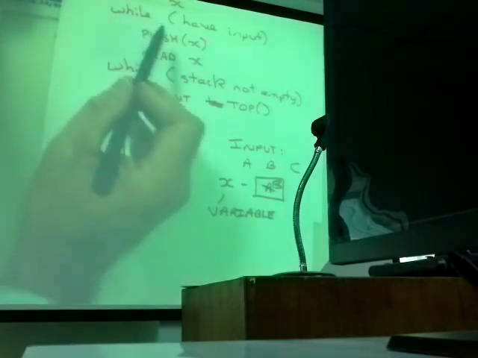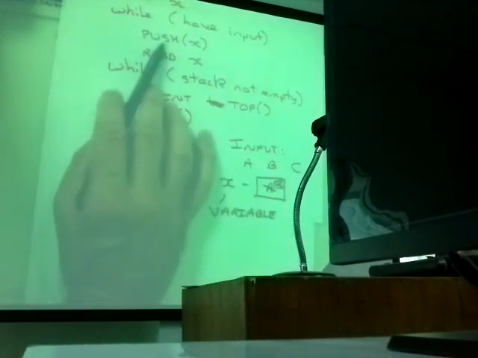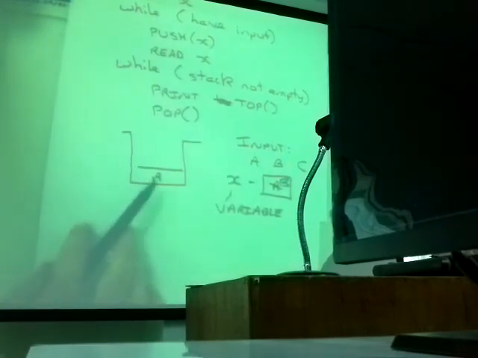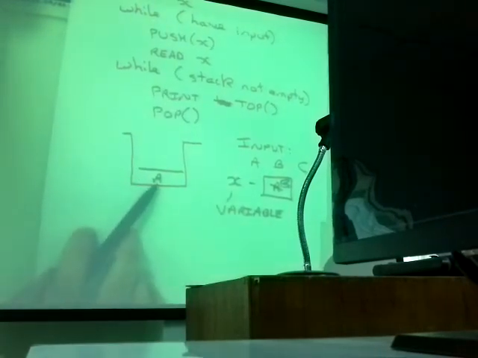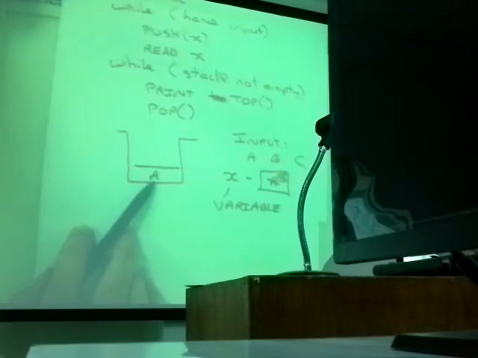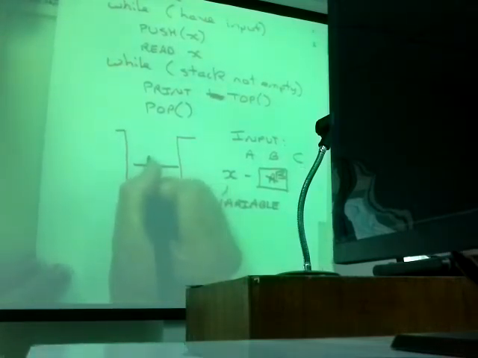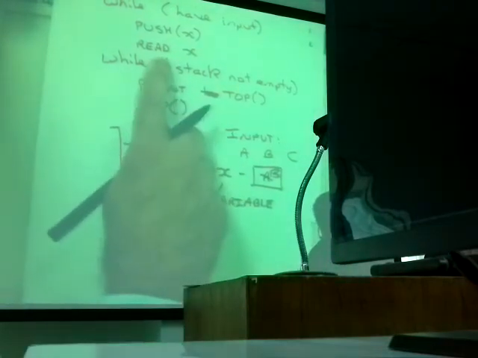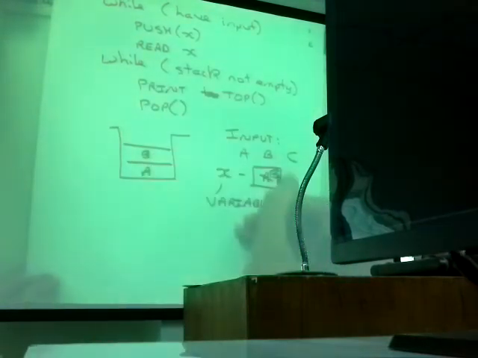So I go around the loop again. Then I push X. What value gets pushed? What happens to my stack? You see that the next value pushed on is B. So I've got two values. I'm forming my stack. Then I read X one more time.